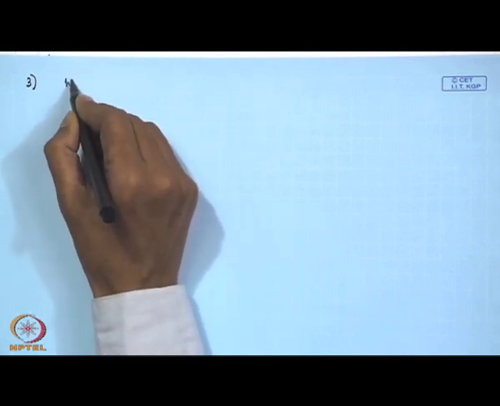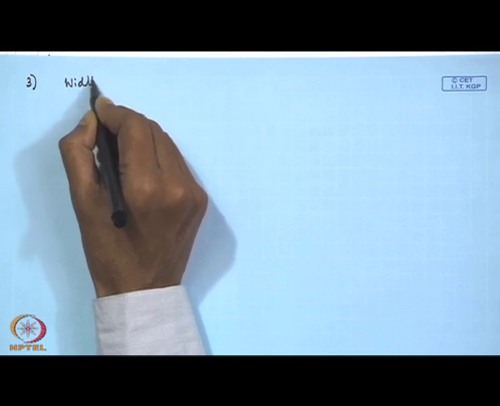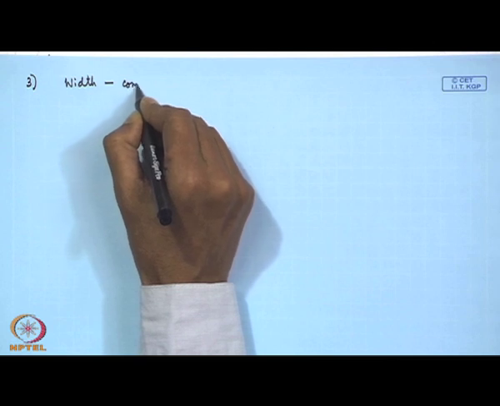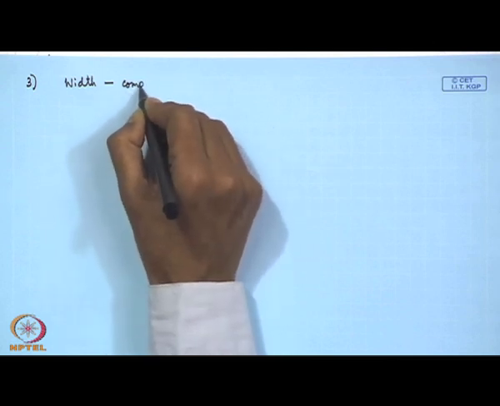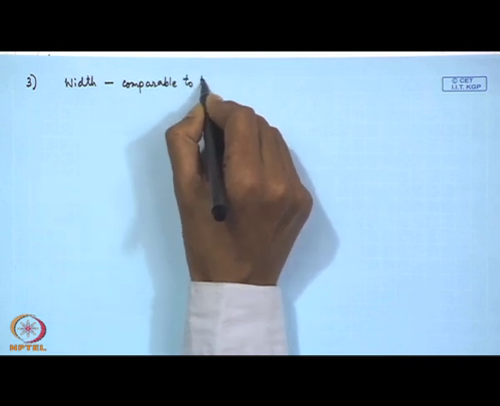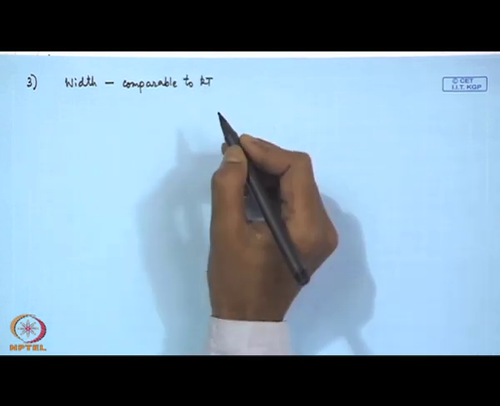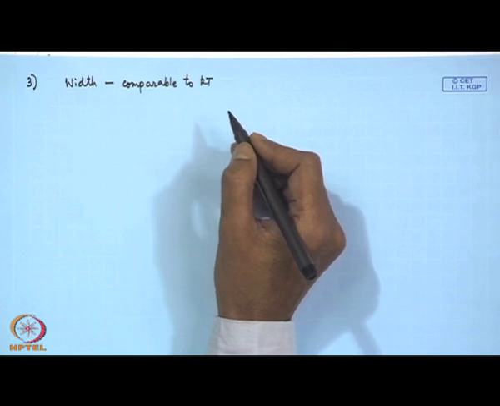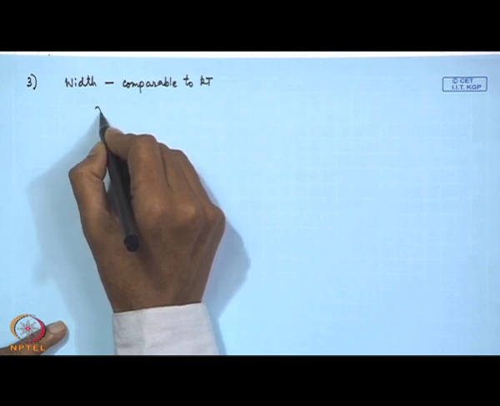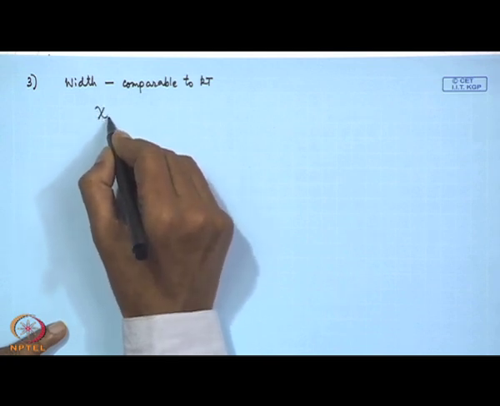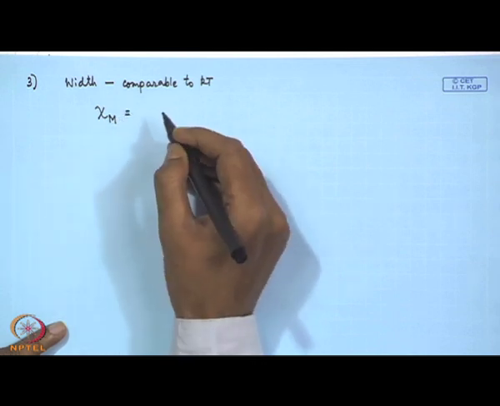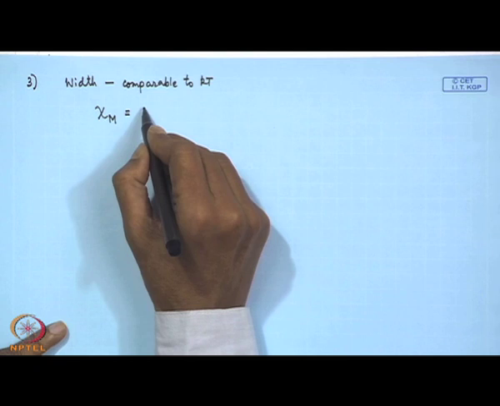So, when the multiplet width is comparable to kT, we get a situation where we see how the individual ions are being populated for the different levels.